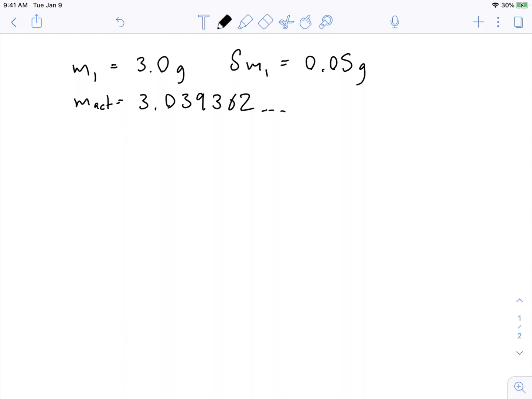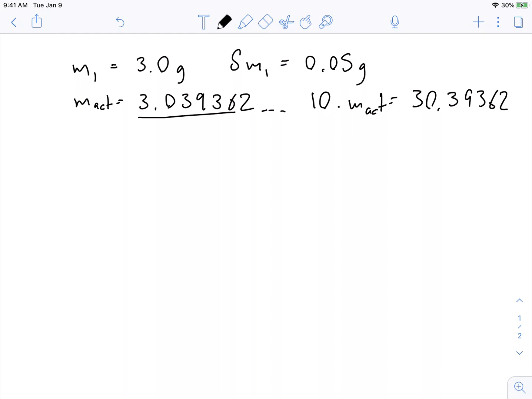Okay, what happens if I do this with 10 masses? So with 10 masses, what is this actual mass? So this times 10 is equal to 30.39362. Okay. Right? Well, what does this read on a scale?